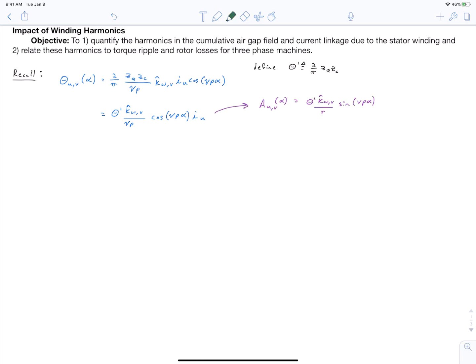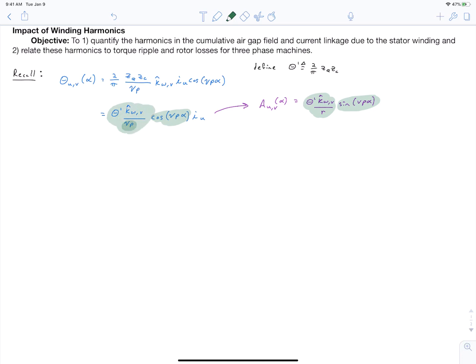And to construct this expression, I just recognized, going back to our electric loading unit and our discussion about rotating equivalent current densities, that the linear current density, the equivalent current density in the inner bore of our stator goes by the sine of Vp alpha, whereas the current linkage goes by the cosine of Vp alpha. And then the magnitude of our linear current density is going to be Vp over R times the magnitude of our current linkage.